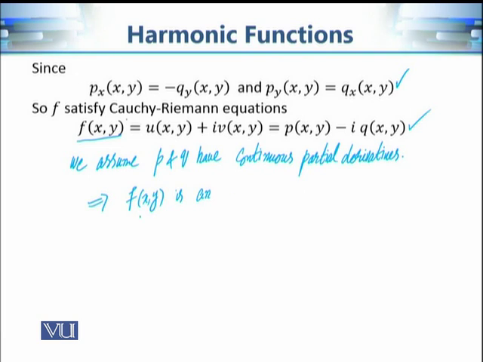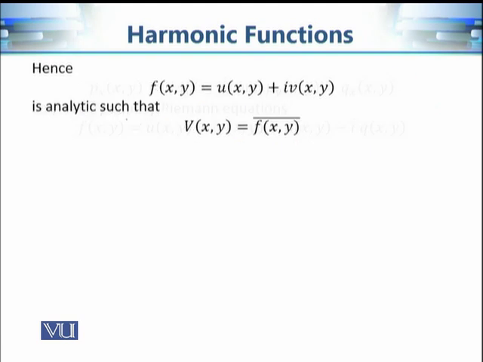If it is differentiable at each and every point in the domain, then this implies that the function is analytic. Of course, we consider some open set of the portion of the fluid. So this function f of xy is basically an analytic function.